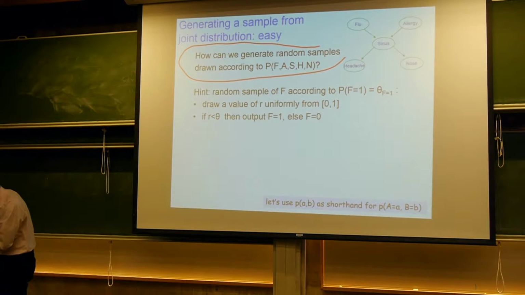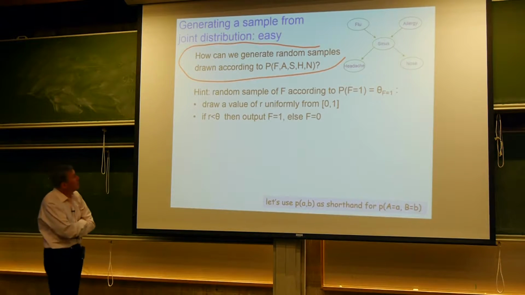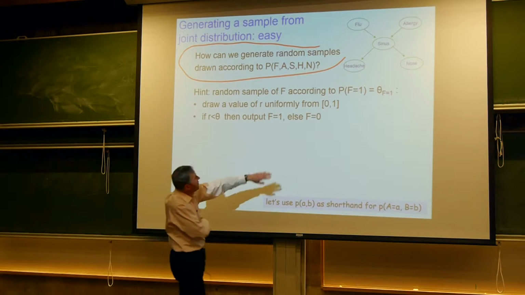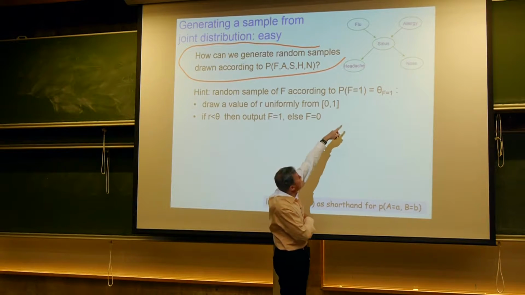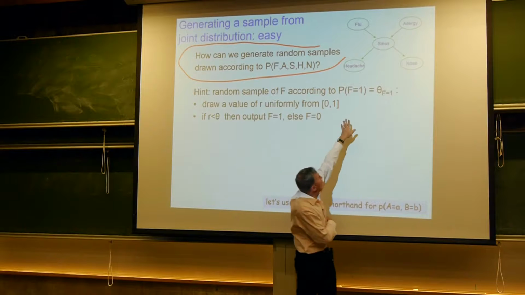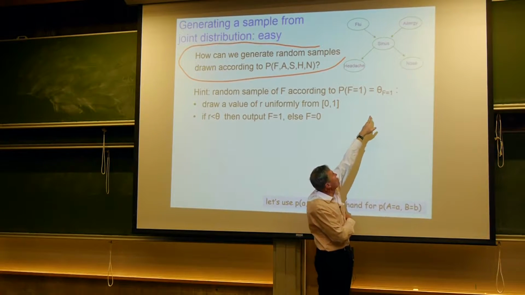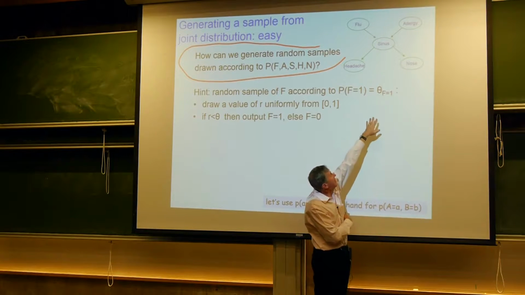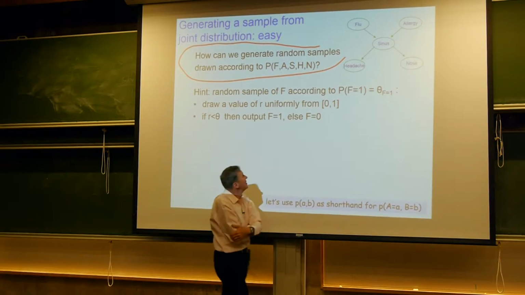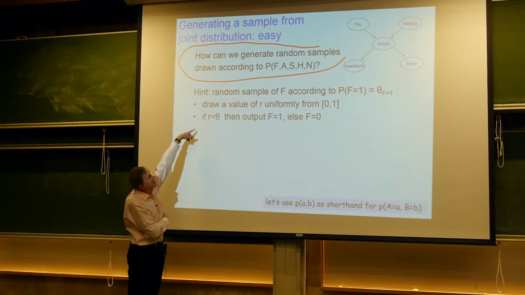If we want to sample a single variable like flu, a Boolean variable f, and we know that the probability that f equals 1 is theta, then here's a simple way to do that.